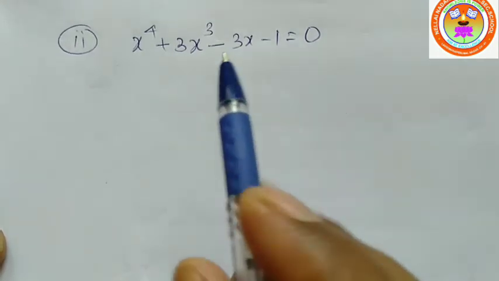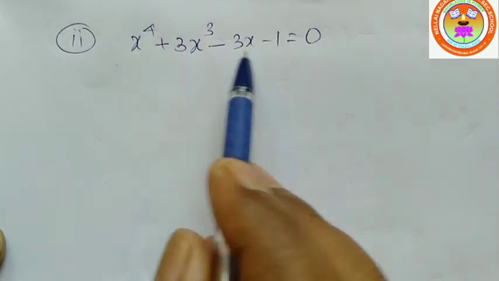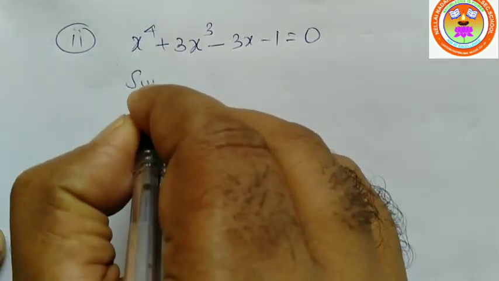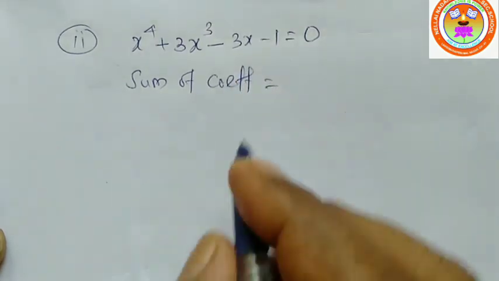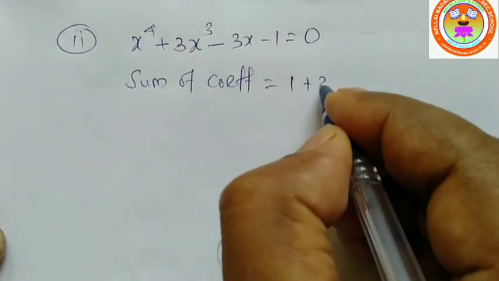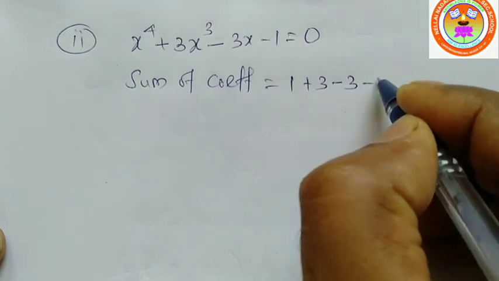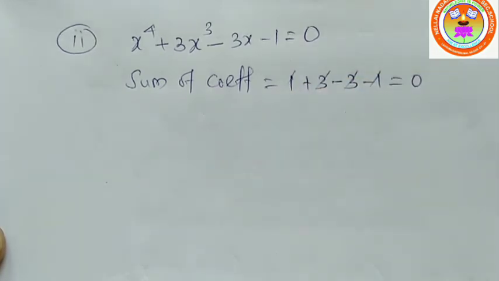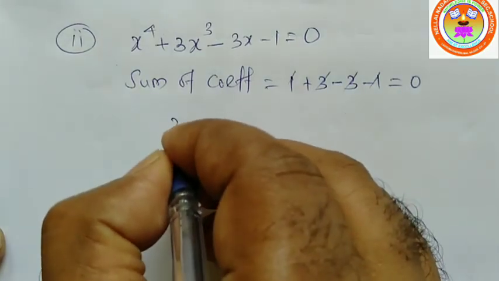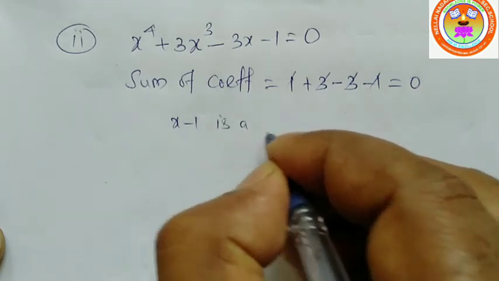Reason is, see the sum of all the coefficients, that is 1 plus 3 minus 3 minus 1, so answer is 0. So sum of the coefficients equal to 0 means we can say x minus 1 is a factor.